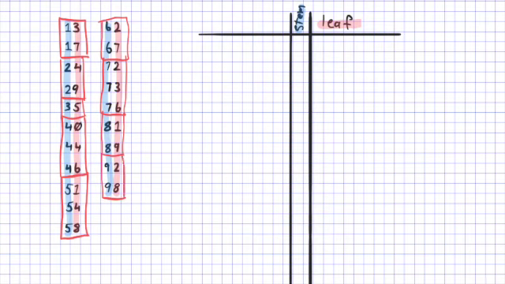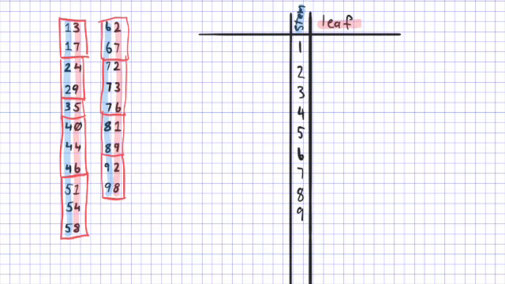Now, in the stem column, that's where we're going to start to put 1, 2, 3, 4, 5, 6, 7, 8, and in this case 9. We're just going to stop at 9.